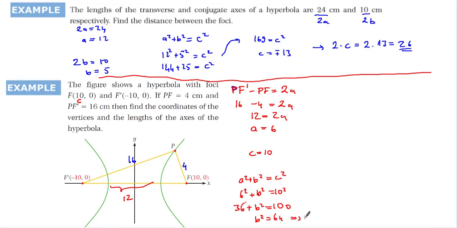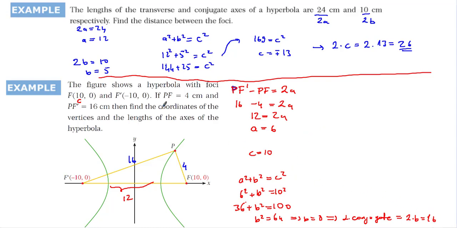And b is equal to 8. So the length of the conjugate axis, which is 2b, is going to be 2 times 8, which is equal to 16.